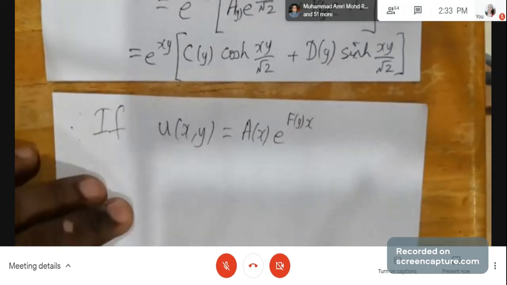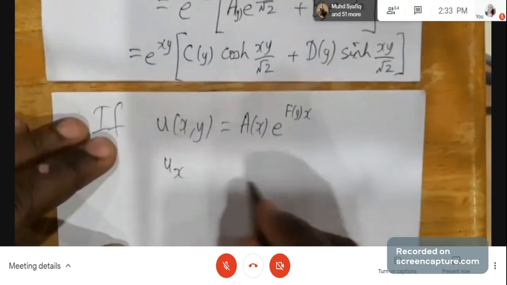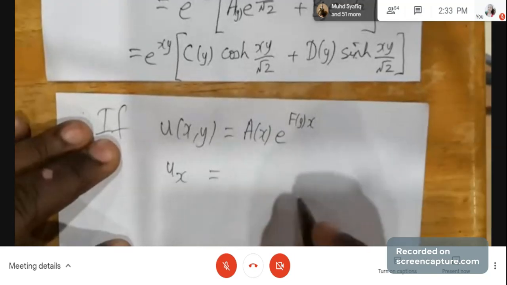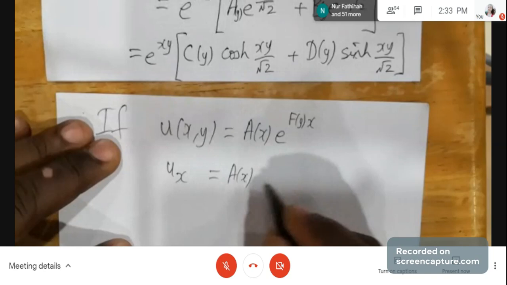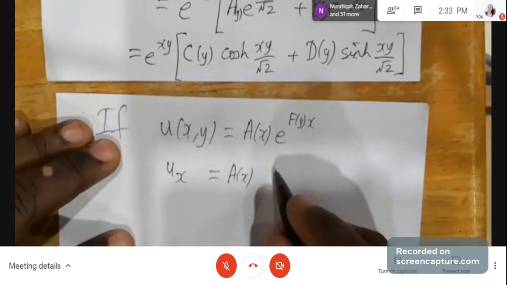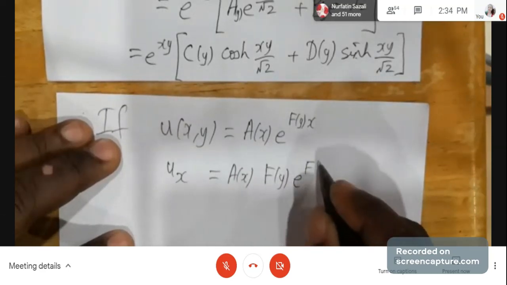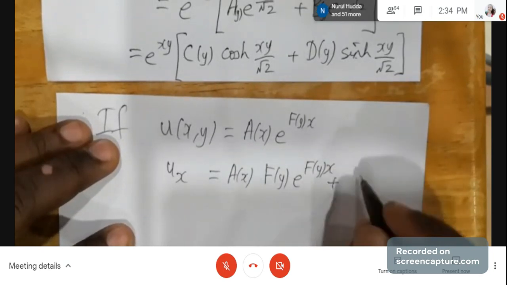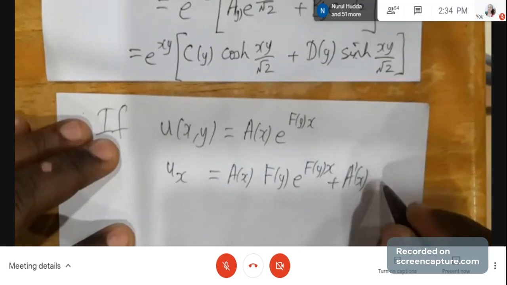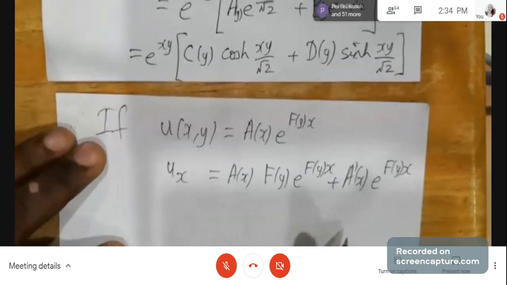Okay, what happens to u_x? We get f(y) e to the power of f(y)x, plus A prime (x) e to the power of f(y)x. So we won't get a clean factor like this.